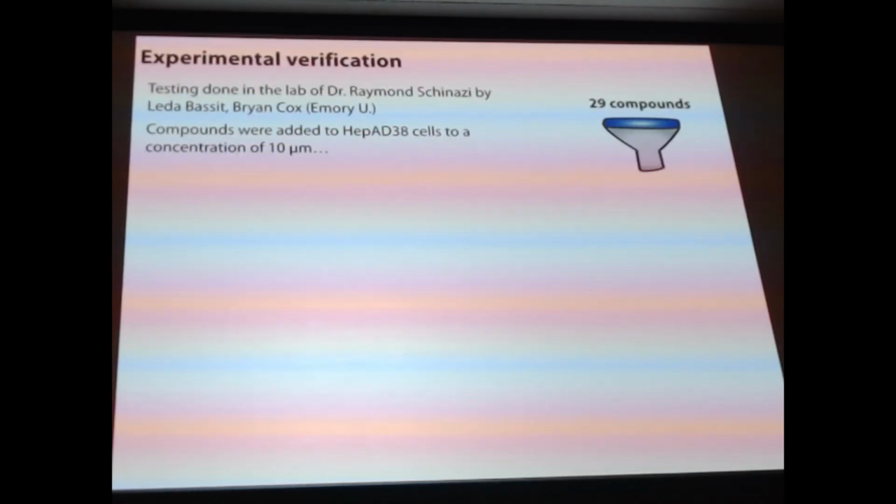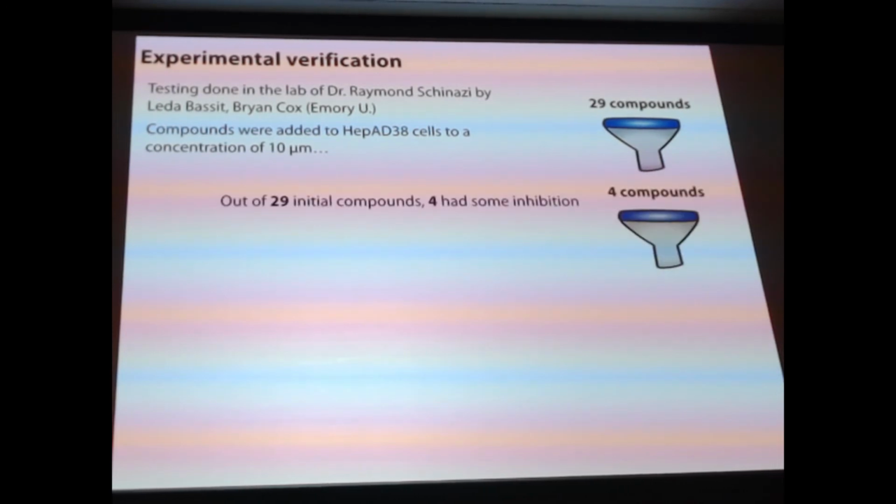The testing was done in the lab of our collaborator at Emory, Raymond Schinazi, also working with Leda Bassit and Brent Cox. They have a very standard procedure for testing these. They added them at a concentration of 10 micromolar to these infected cells. And from those 29 initial compounds, 4 of them had some moderate inhibition.